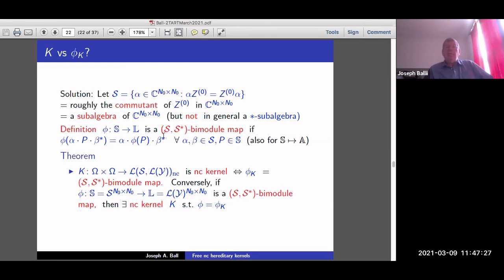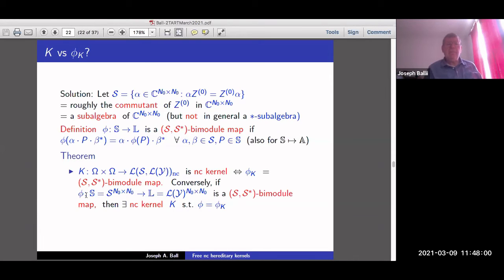Then the result is K is a non-commutative kernel exactly when phi K, a map from matrices over C to matrices over L of Y, is an S, S star bimodule map.